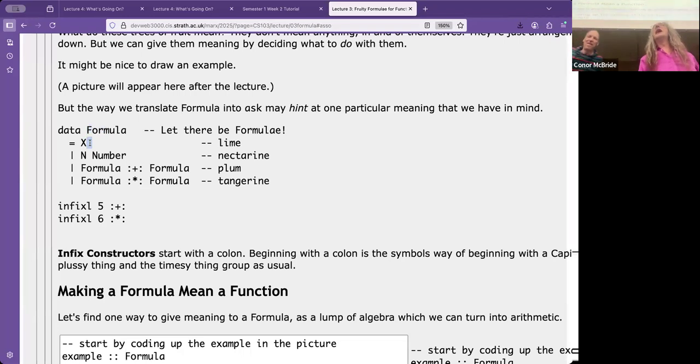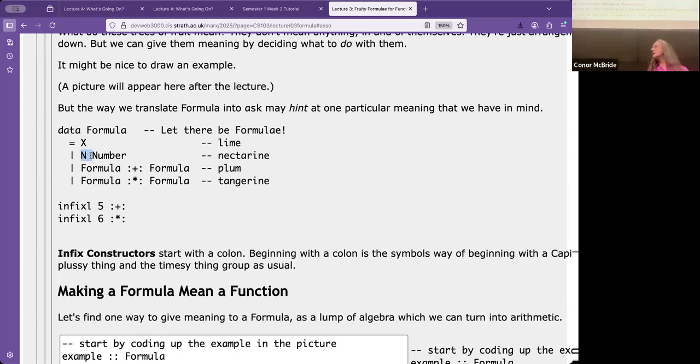The constructor X makes a formula that stands for the variable. The constructor N, if you give it a number, makes a formula that has a constant value. So you can turn any number into a formula by packing it up with N.